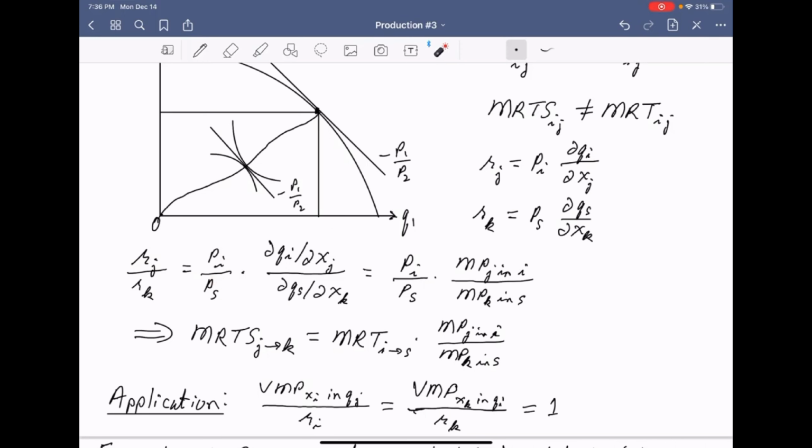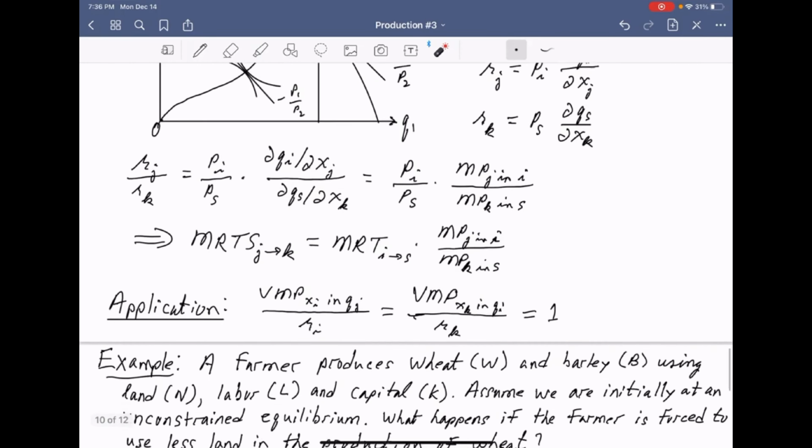Input j is used in the production of I, input k is used in the production of S, so we get that price ratio, and then we multiply it by the marginal product of j in I divided by the marginal product of k in S. That implies that the marginal rate of technical substitution of j into k is equal to the marginal rate of technical substitution of I in S times the marginal product of j in I divided by the marginal product of K in S.